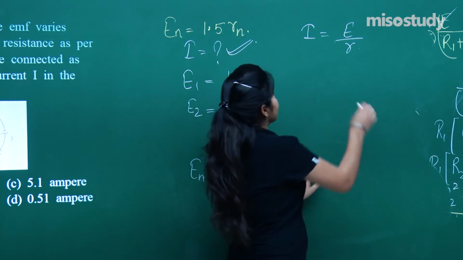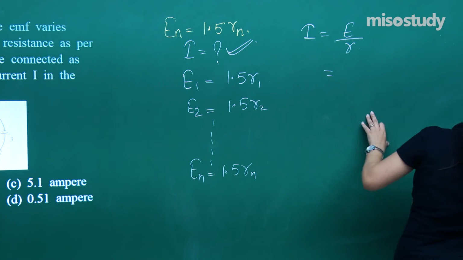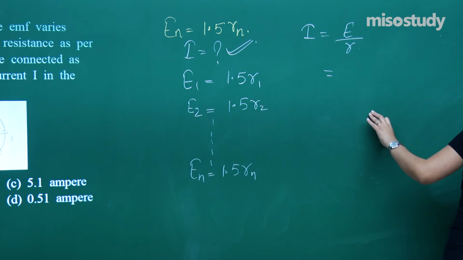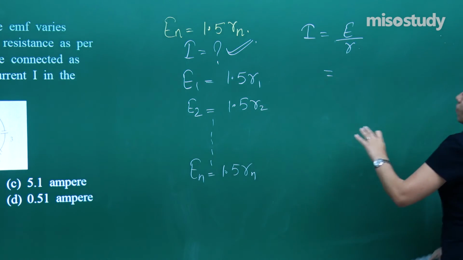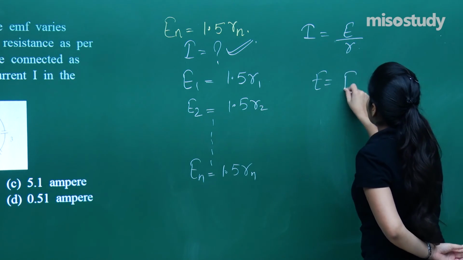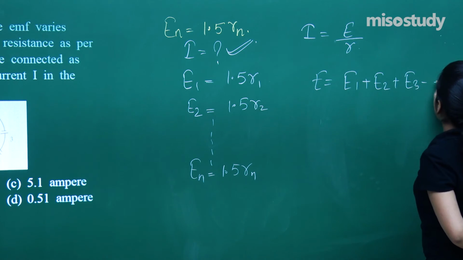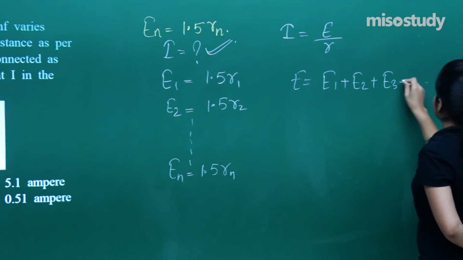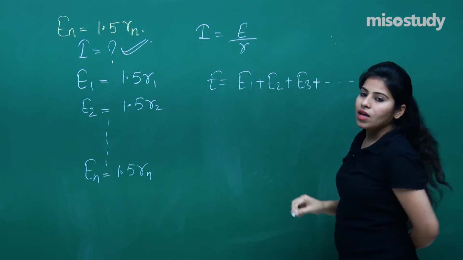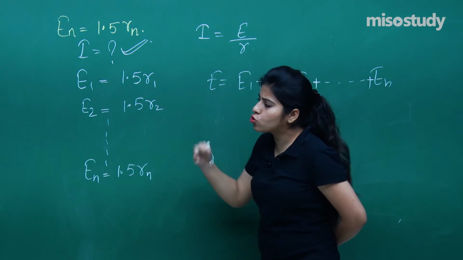Now, what is E? From here, your total E will be E1 plus E2 plus E3 up to En. And similarly, just go back to the figure.